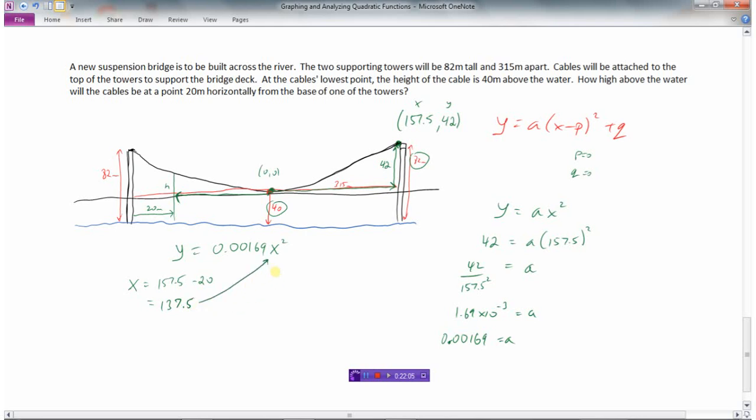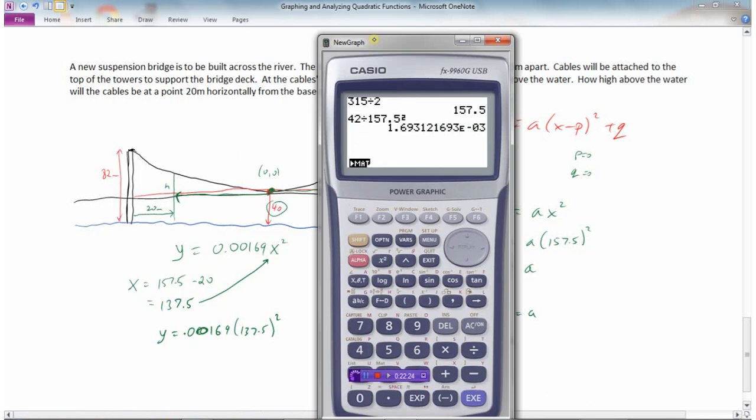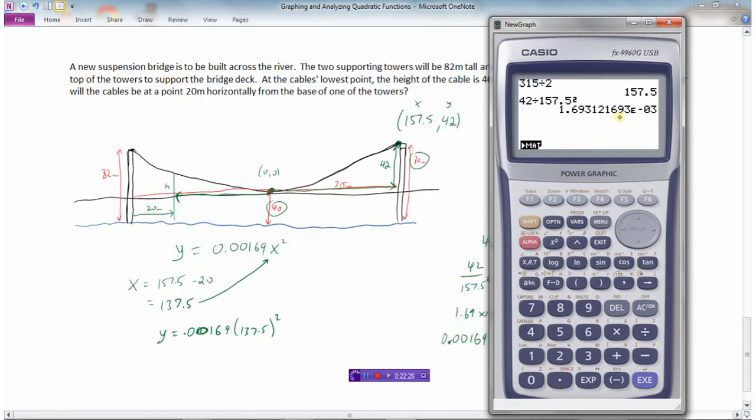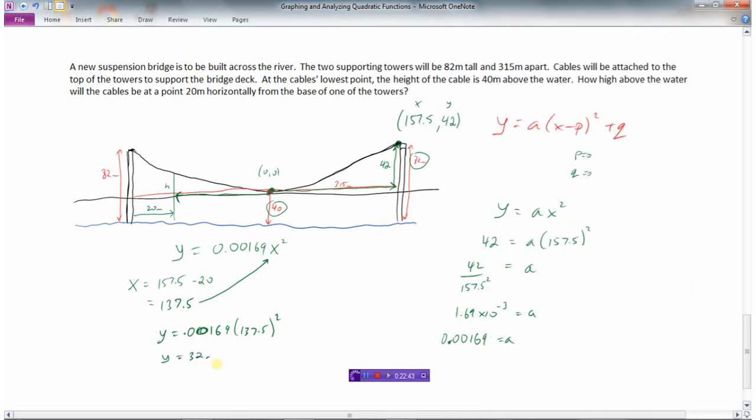So now I can substitute that into there and get 0.00169 x squared. So go into the calculator. And that's good. I've already got this number in here, so I'm just going to go times 137.5 squared equals 32 meters. So y equals 32 meters.